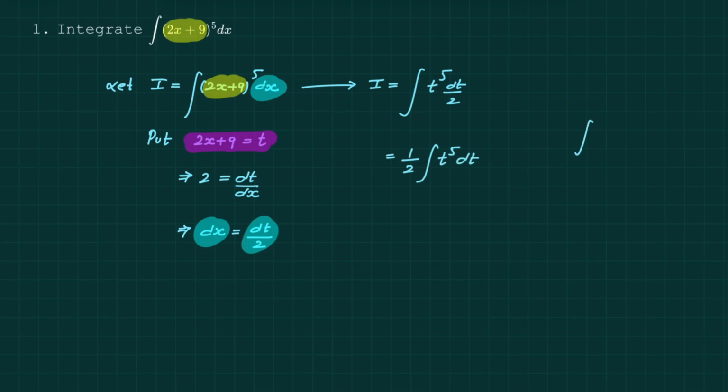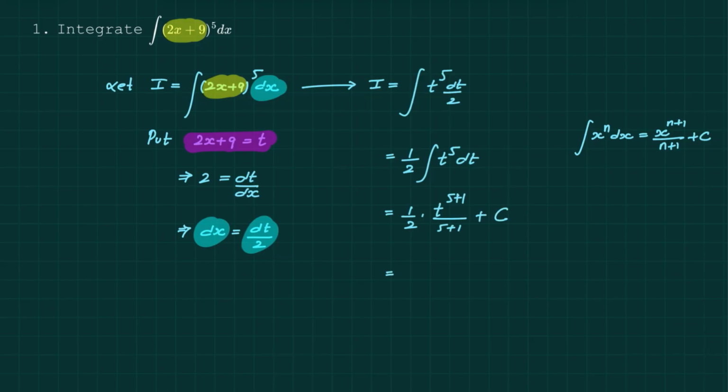Now since we have a formula that the integration of x to the power n dx equals x to the power n + 1 by n + 1 plus c, using this formula, here I can write the integration of t to the power 5 as t to the power 5 + 1 over 5 + 1 plus c.